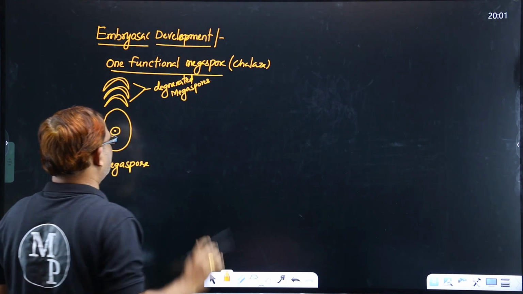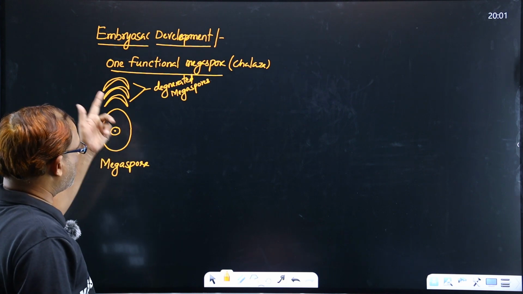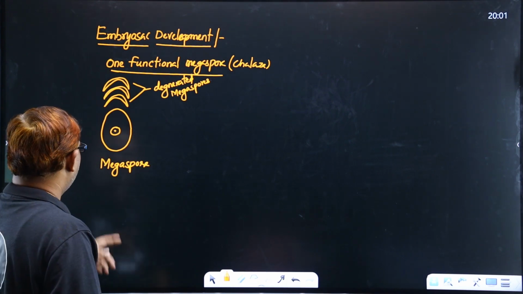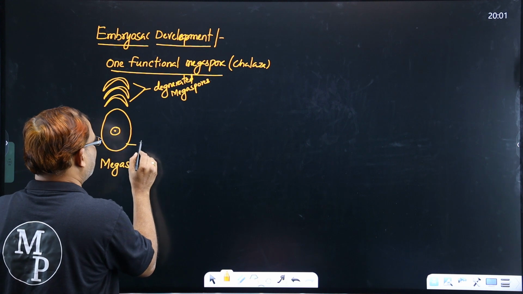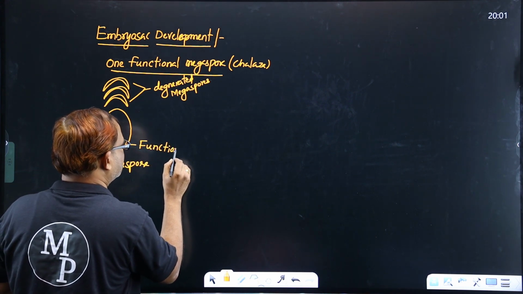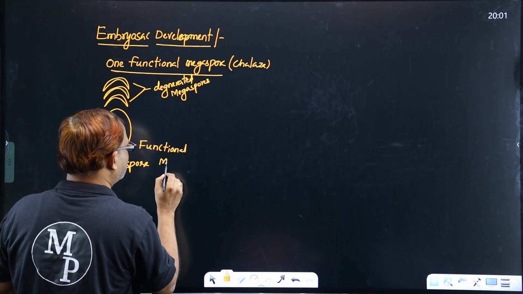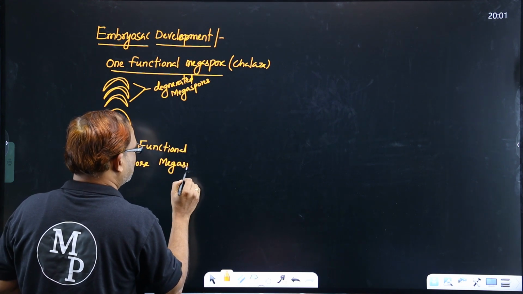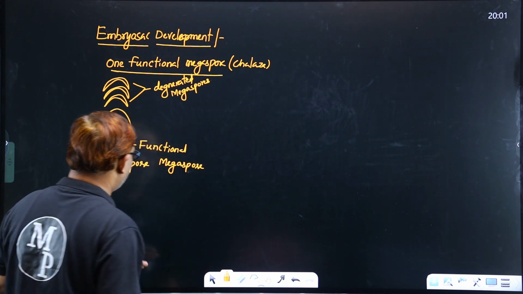I already told you, right? They are present towards the micropylar side, but only this one is the functional megaspore.